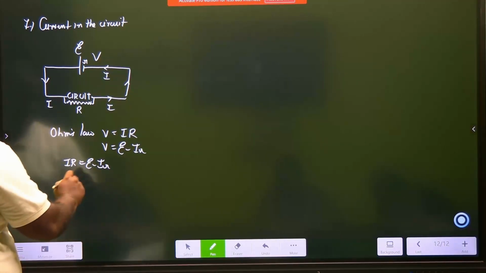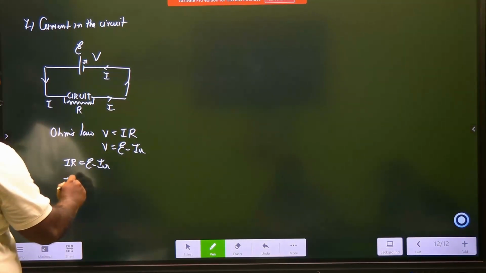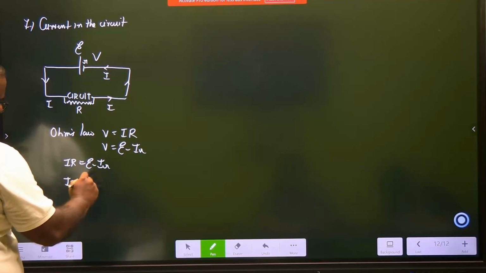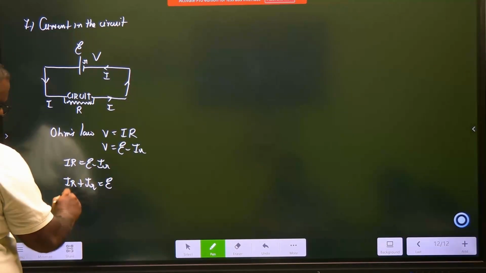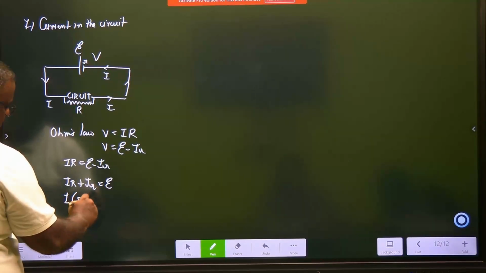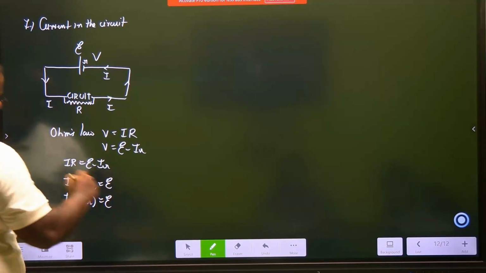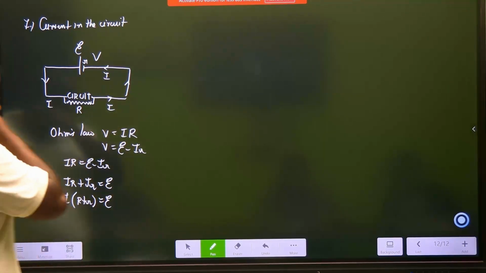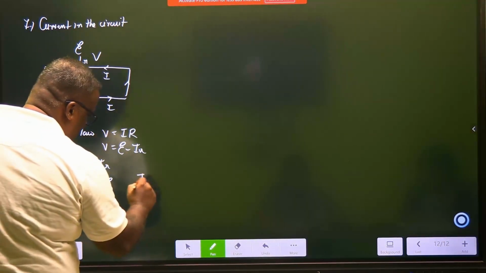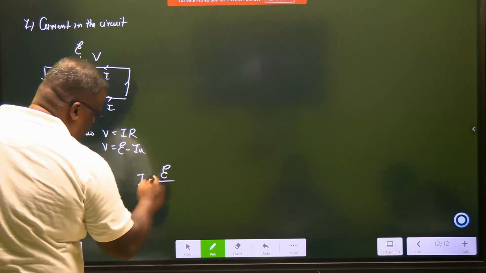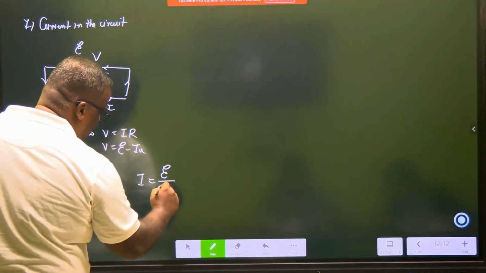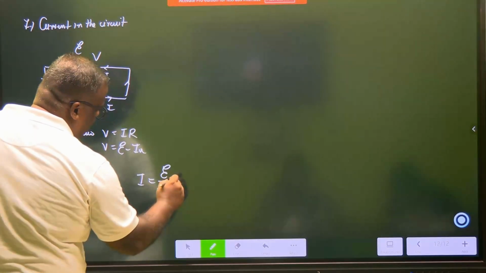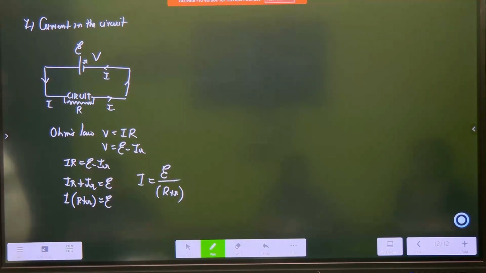So IR plus Ir is equal to E. So if you take I common, I times (R plus r) is equal to E, right? So the current that you draw, this is also Ohm's law, V by R equal to I.